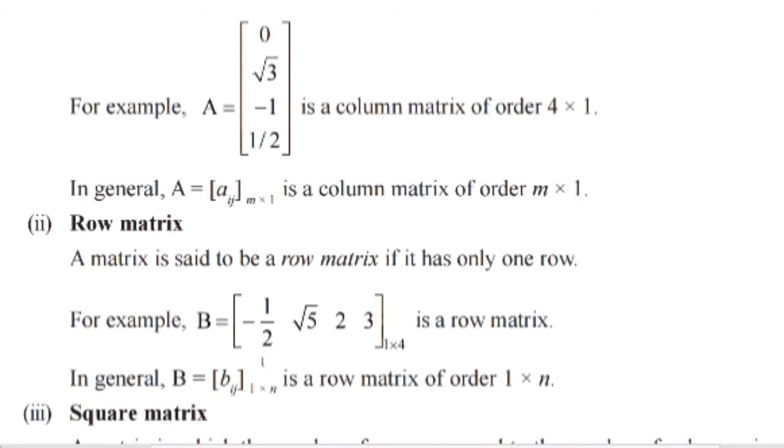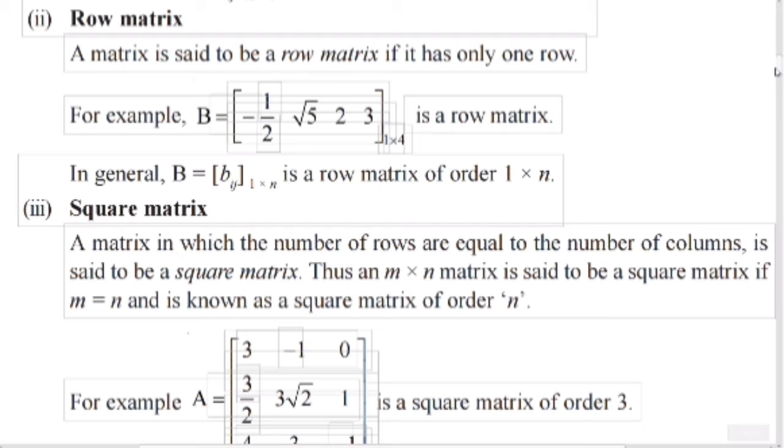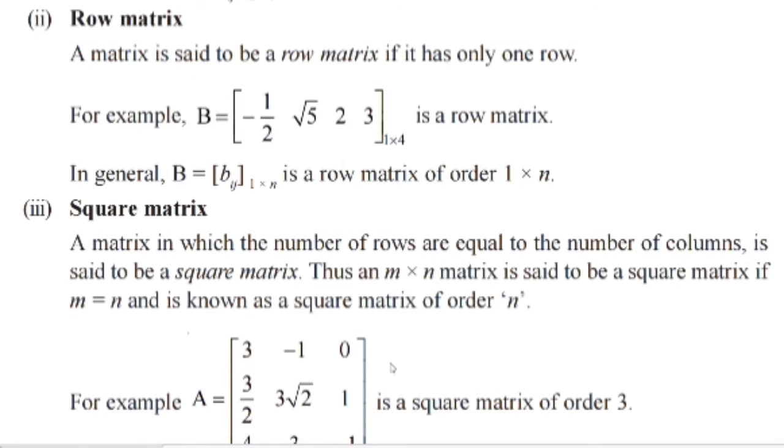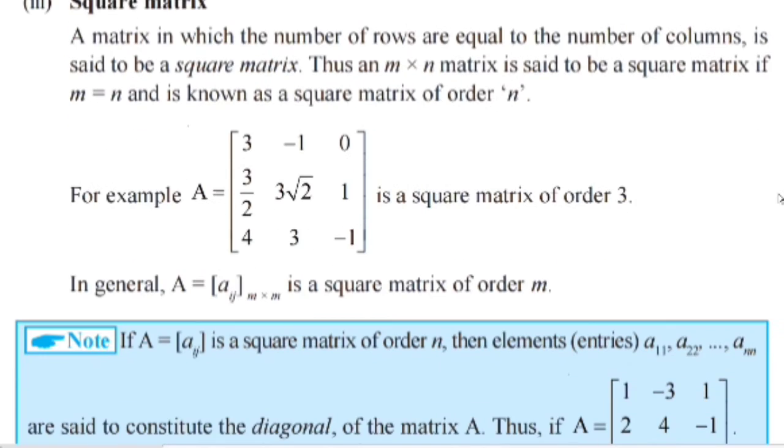Next, row matrix. A matrix is said to be a row matrix if it has only one row. Square matrix. A matrix is said to be a square matrix if the number of rows is equal to the number of columns. So look at this now.